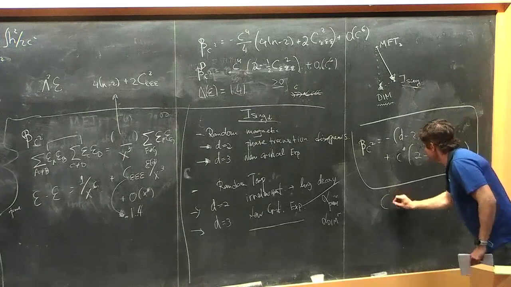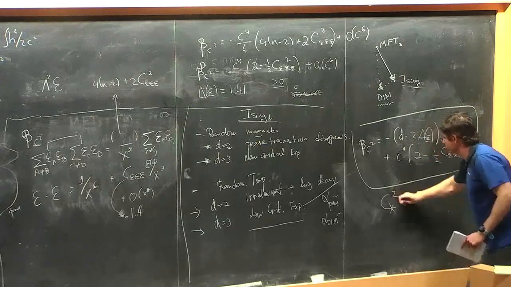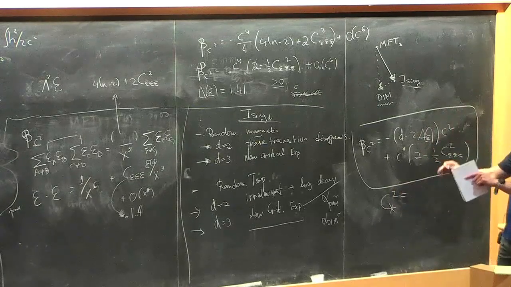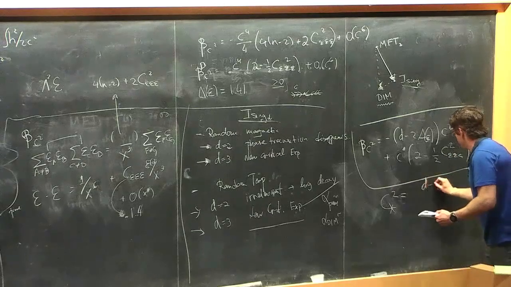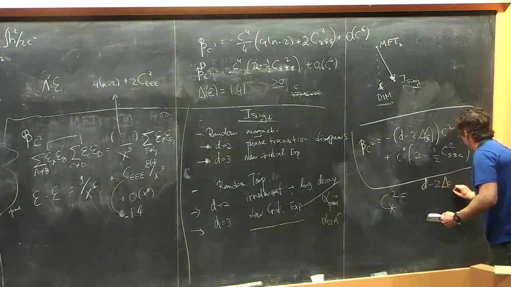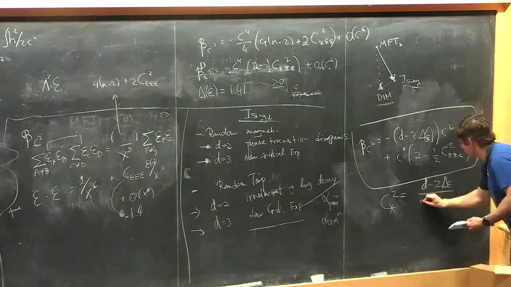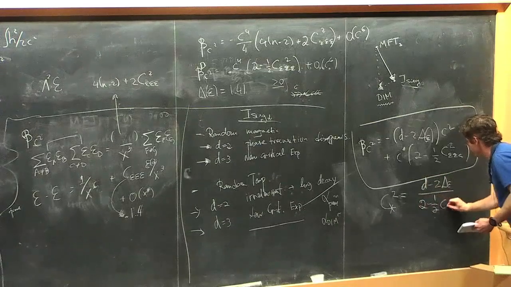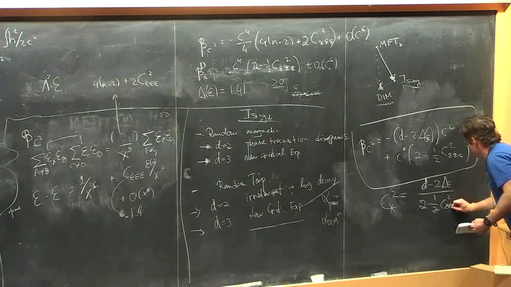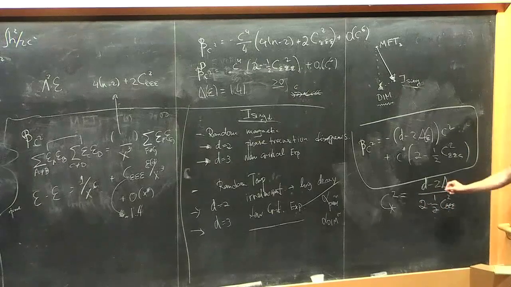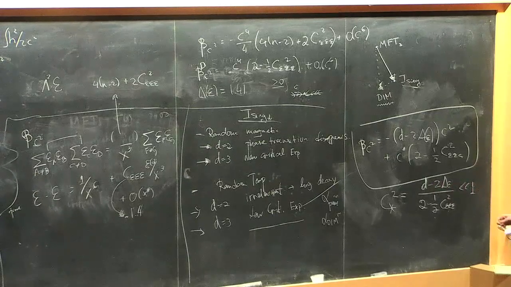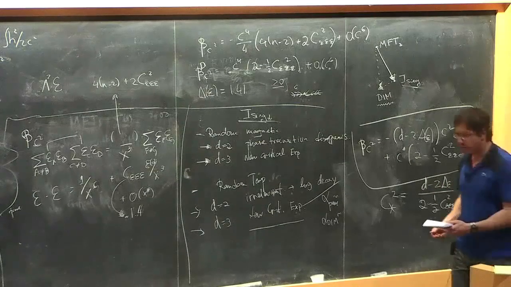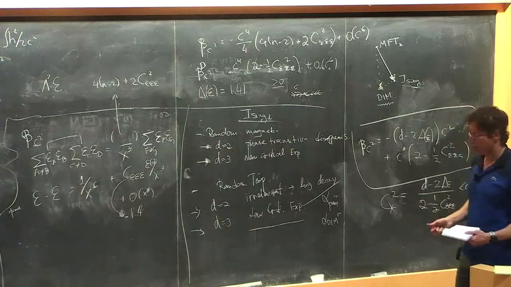What you find is that C star squared, the strength of the disorder at the fixed point, which doesn't change as a function of the renormalization group scale, is (d minus 2 delta) over some denominator, 2 minus a half C squared. And that's a small number. If d is very close to 2 delta, this is much smaller than 1. So your disordered fixed point is very close to the pure fixed point. And now you can compute anything you want about it.